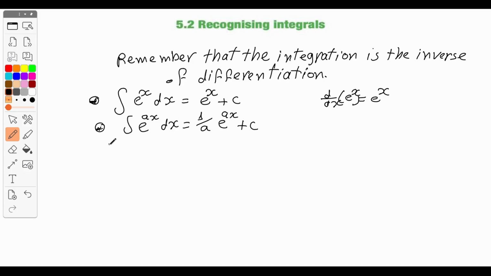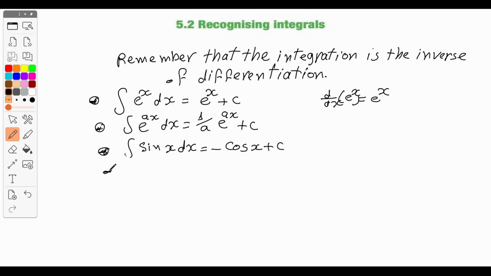The next one, the integral of sine x dx. The integral of sine is negative cosine x plus c. We have studied in the first semester that the derivative of sine is cosine, but here the integral of sine is negative cosine x plus c.